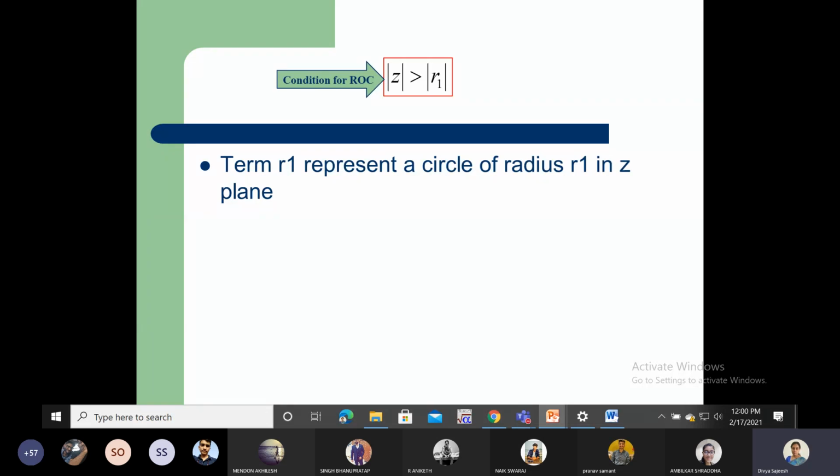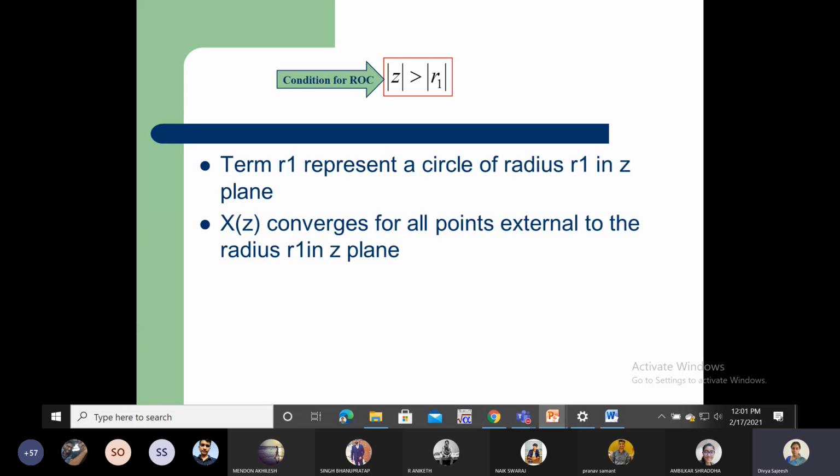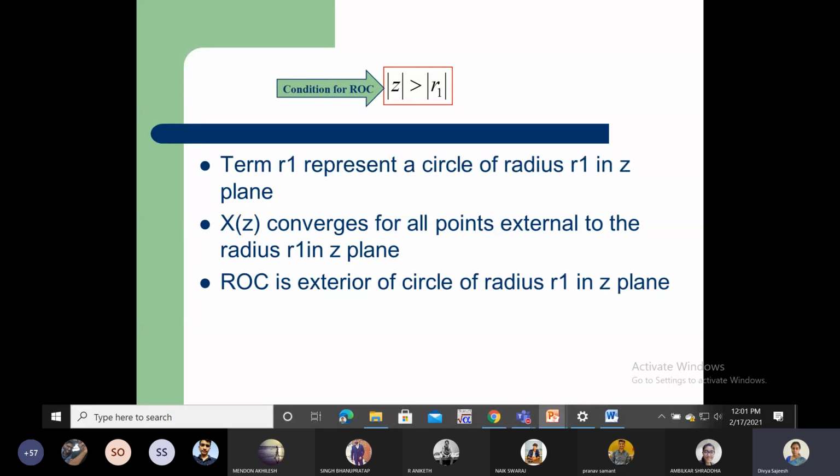So what is R1? R1 is a circle of radius R1 in the Z plane, and for all values of Z exterior to this circle, the Z transform will exist. So finally I can write it as: ROC is the exterior of the circle of radius R1 in the Z plane.